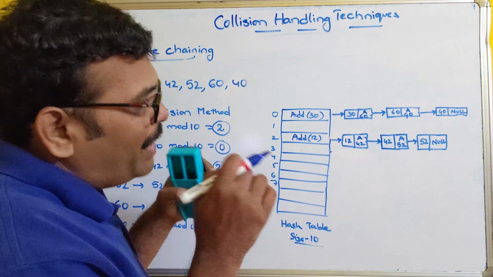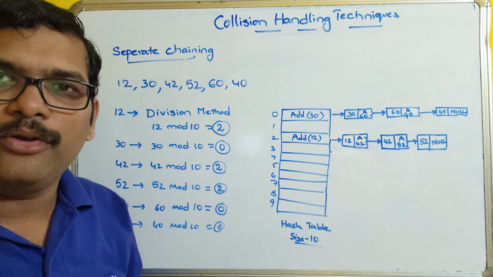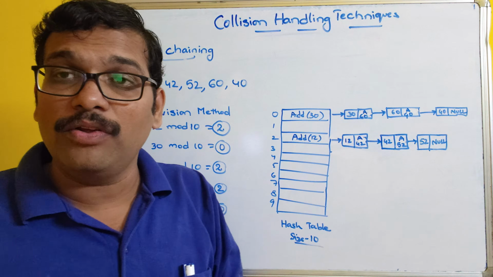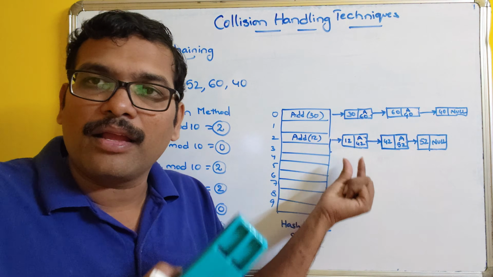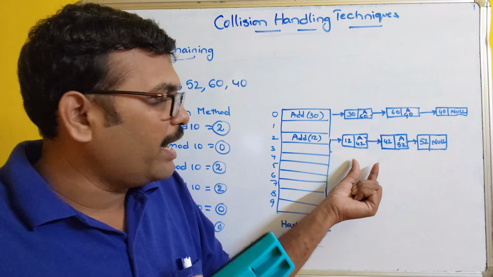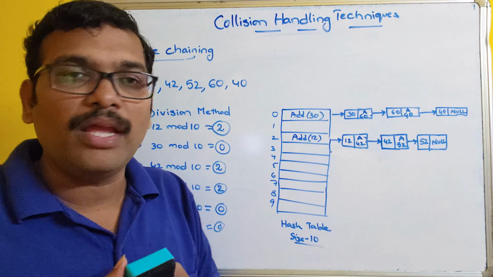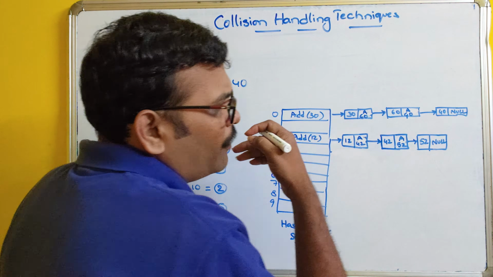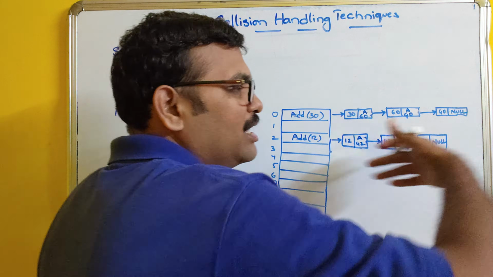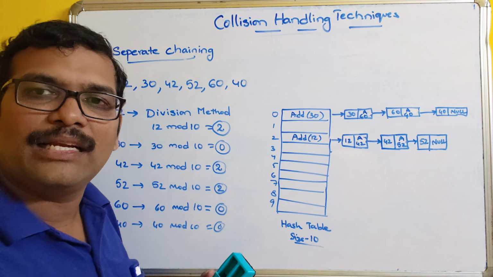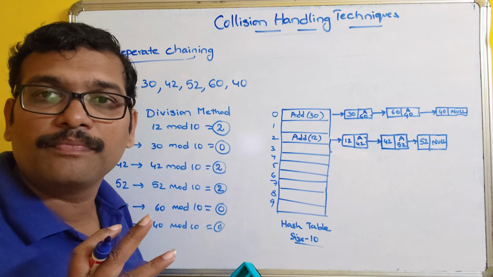The main drawback of this one is that it requires more memory to store all these elements, because a linked list node has two different parts, the value and the address. So more memory is occupied. You have to insert all the nodes with the same hash code, so the linked list keeps growing for a large number of elements that generate the same hash code.